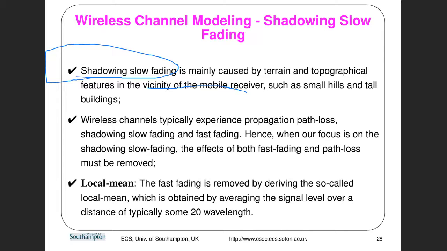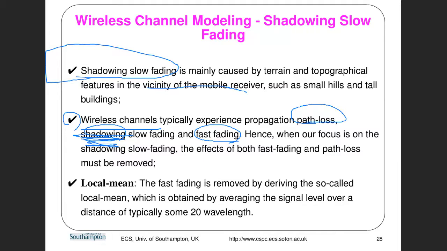So here we say that wireless channels typically experience 3 levels of fading. As I emphasized many times, the first level is path loss. The second level is shadowing. The third level is fast fading. Now if we want to study the shadowing effect, we need to eliminate the influence of the other two.